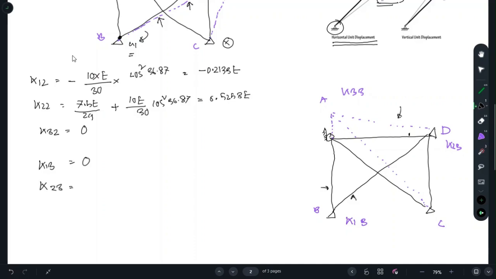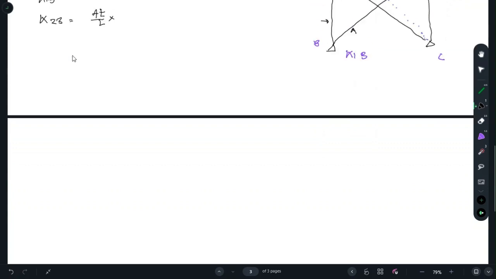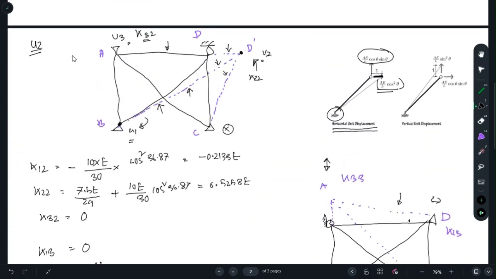And for that, let's write that. So it will be something like AE over L multiplied by, since it is horizontal displacement, it would be cosine squared. Sorry, it would be something like that. Sorry, you are allowing vertical movement at A, and you are trying to find out horizontal stiffness. So you have vertical displacement, which is this way, and you want to find out the horizontal component.